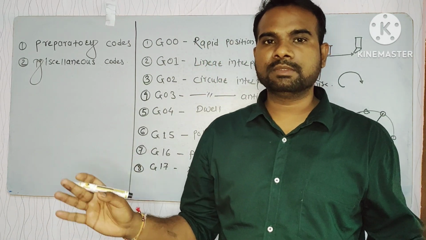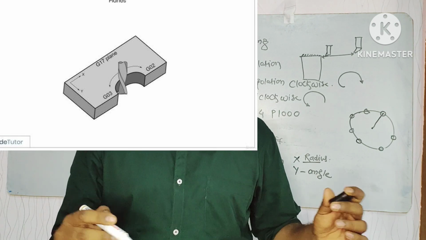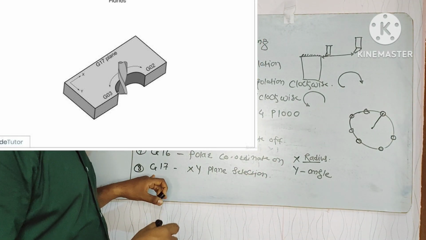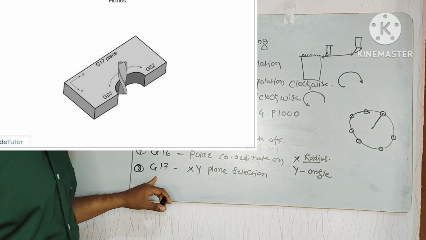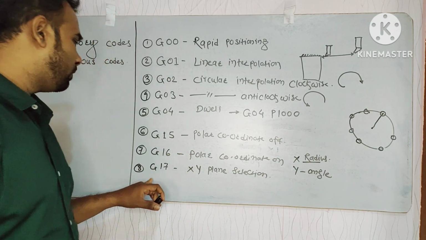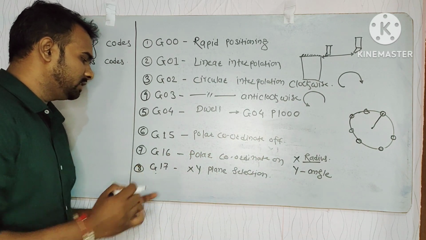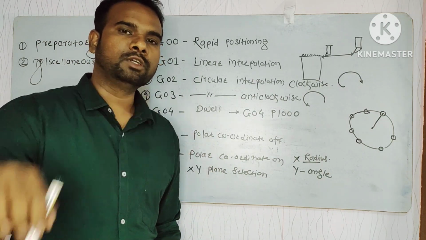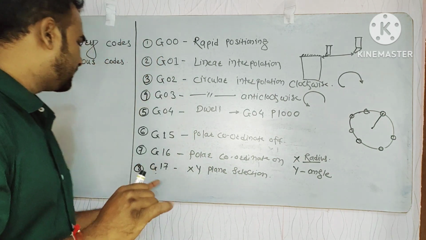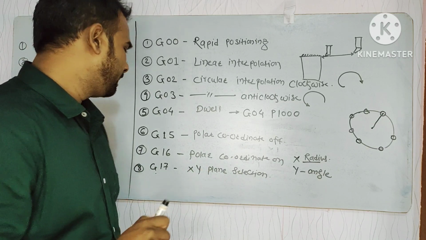Whenever we have to do circular interpolation, at that time we use the G17 code. It remains activated by default, but for your information, we have to activate G17 whenever we do circular interpolation in the plane. At that time G17 will activate the XY axis plane selection.